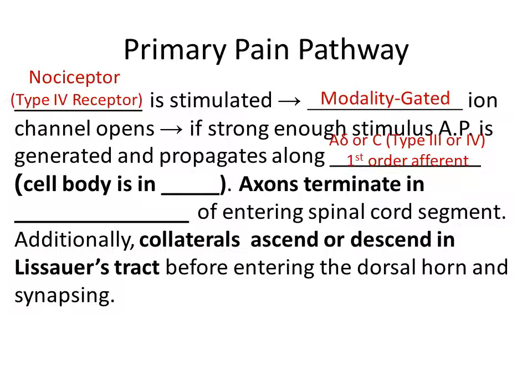If we're talking muscle or joint, we're going to call that afferent a type 3 or type 4 afferent. Remember, they're the same size and myelination. It's just location that determines what you call it. The cell bodies for these first order afferents are located in the dorsal root ganglion. And the axons are going to terminate in the dorsal horn of the spinal cord.